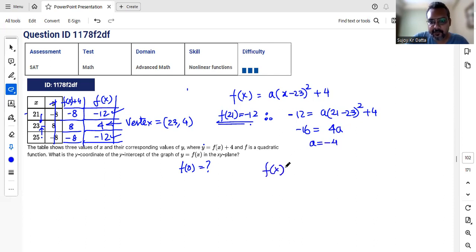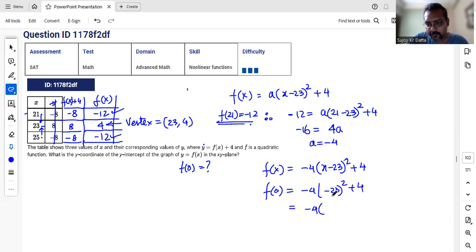So we have f(x) to be negative 4 times (x minus 23) squared plus 4. And we need to figure out what is f(0). So f(0) would be negative 4 times (0 minus 23) squared plus 4. So that's negative 4, 23 squared is 529, plus 4. So let's multiply out. You use a calculator, please.